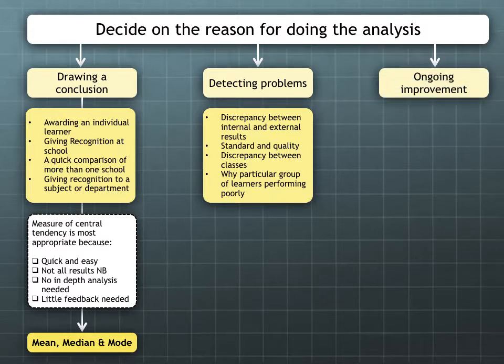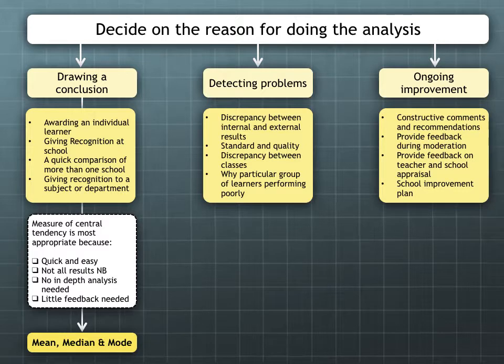But the other one is to make sure that you've got ongoing improvement. And here you need to make sure in every school that you're continuously evaluating and improving on what you're doing. So analysis of data can really guide this process. Examples of this could be you giving constructive comments and recommendations for improving a process, to give constructive comments and recommendations for improving your actual teaching, or recommendations for assessment and how to improve the results there.